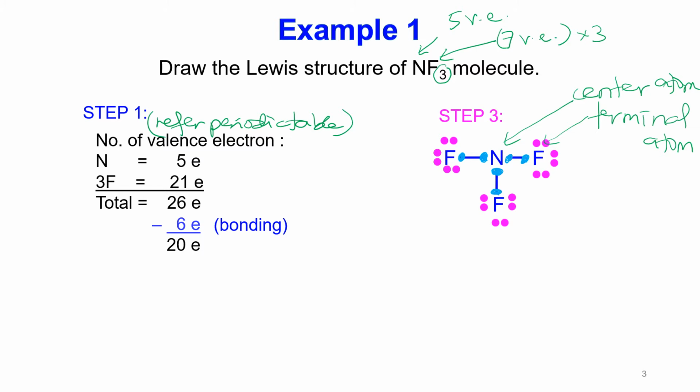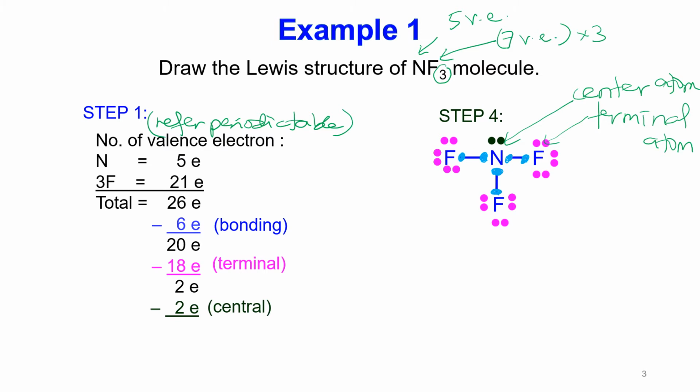So now count the electron at fluorine. 18, 6 electron times 3 fluorine. So that is terminal electron. Balance is 2 electron. So the 2 electron we will draw at the center.